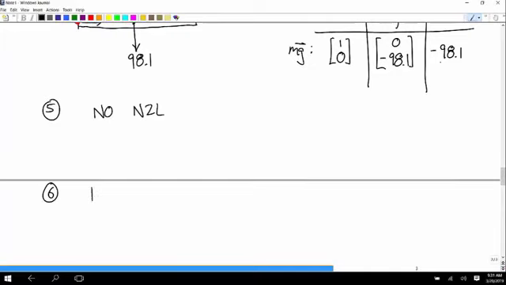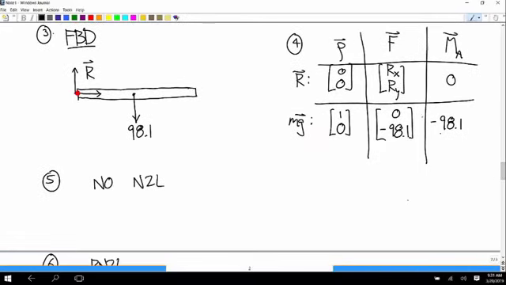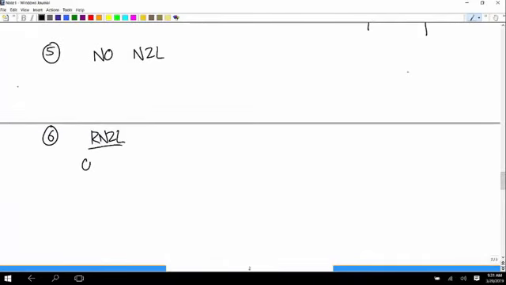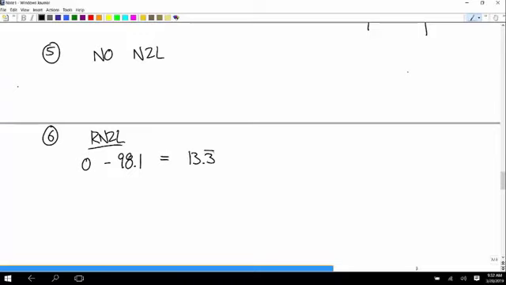Step 6 is rotational Newton's second law. And for that one, we're going to add up all the moments. That's just 0 minus 98.1. And that's equal to the mass moment of inertia, 13.3 repeating, times the angular acceleration.